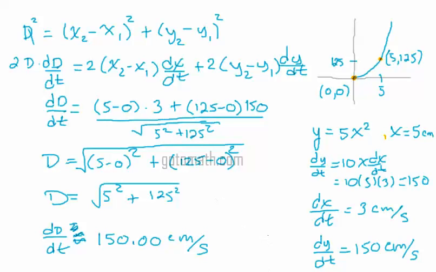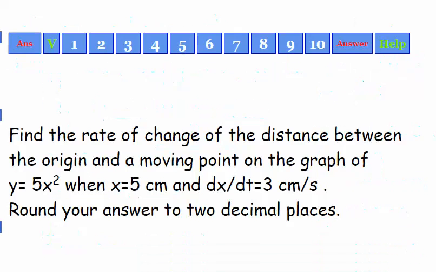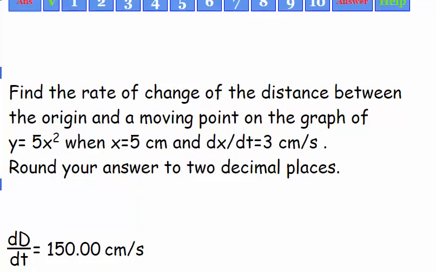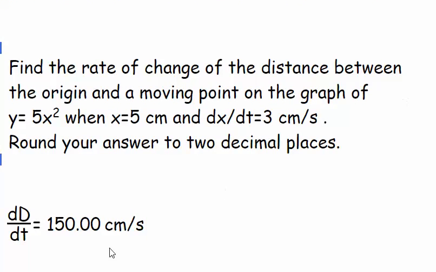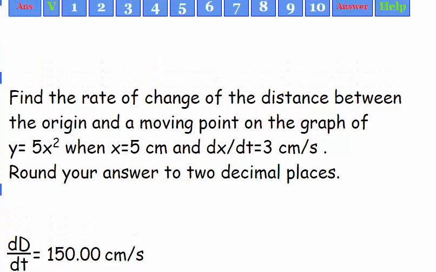If we go back to the website and click the answer, you'll remember that dy over dt was also 150, but this number has some other numbers out here beside it, but it was pretty close to the same.